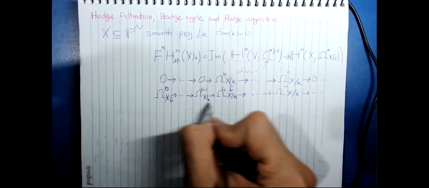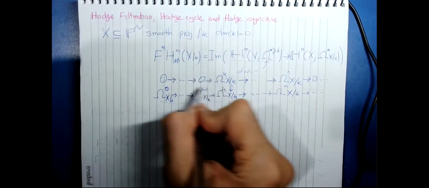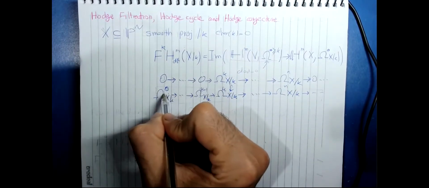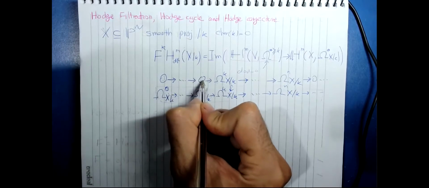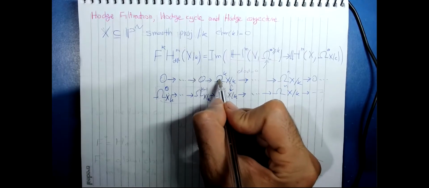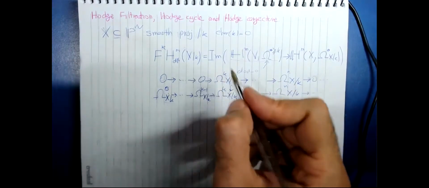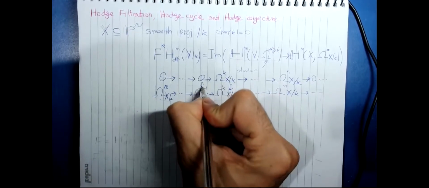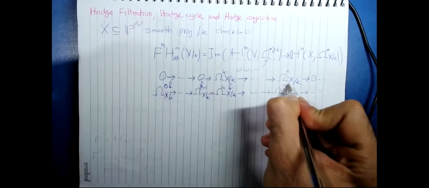So I have written already the usual complex of differential forms on X. You see that on top, in place of Omega^0 until Omega^(k-1), I just put 0. And from Omega^k on, I write the full set of differential forms. So we have this inclusion from here to here.